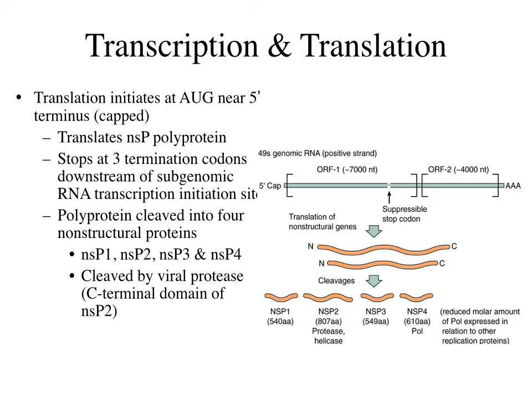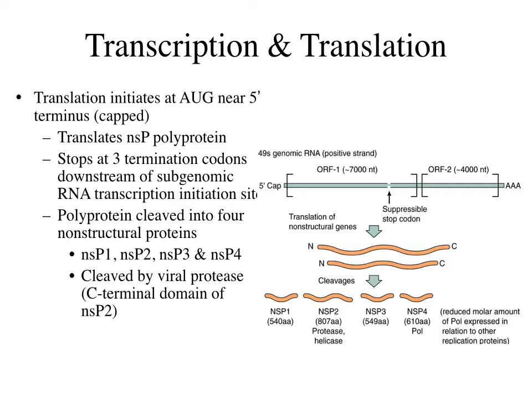Complete P1234 protein forms only when there is a read-through of this codon, and that only happens about 10 to 20% of the time. Then that protein will undergo a series of cleavages to yield the individual non-structural proteins.